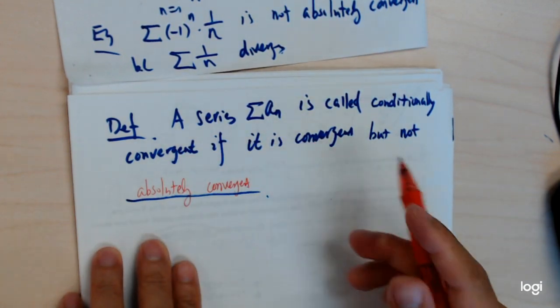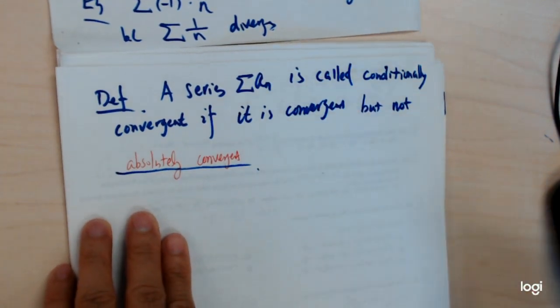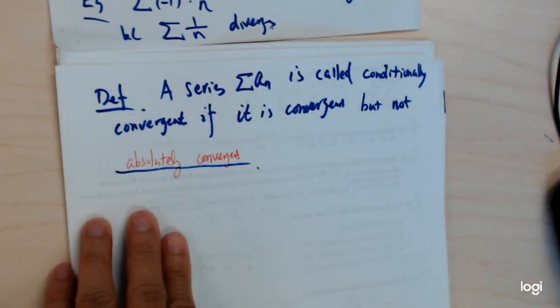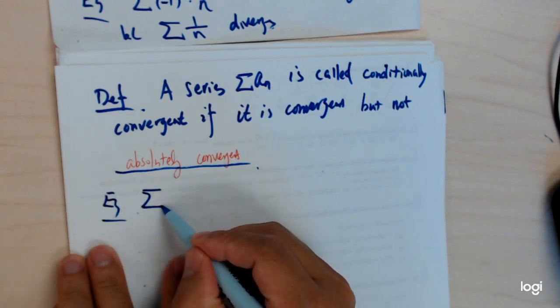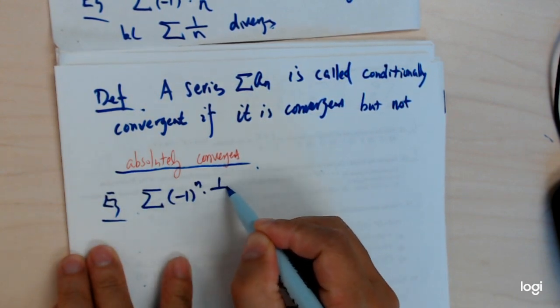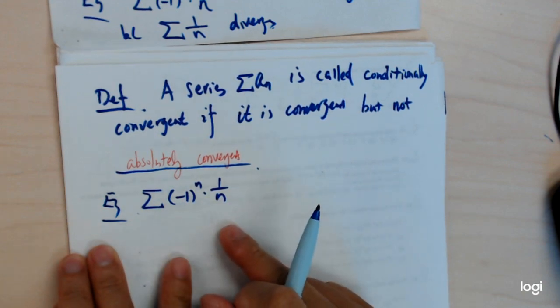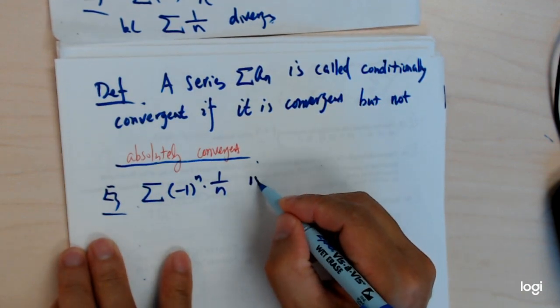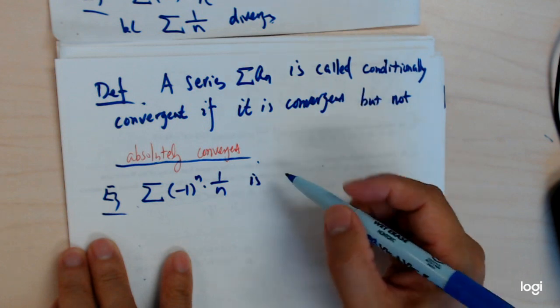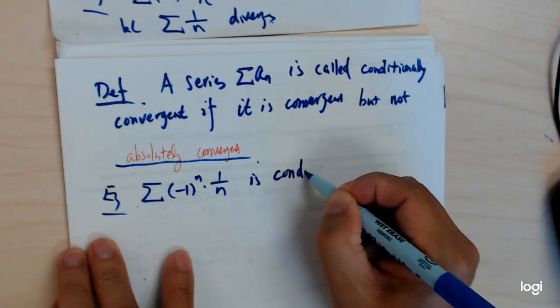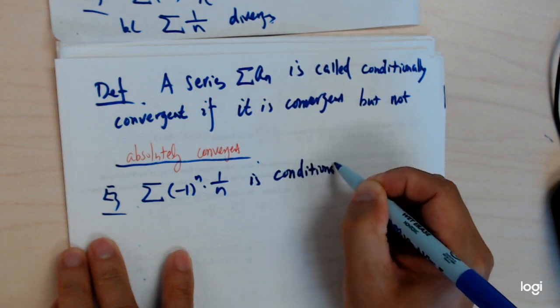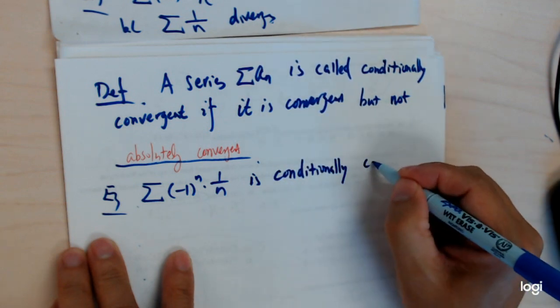That's what we call converges conditionally. So the earlier example that we presented, like this one right here, is conditionally convergent, or converges conditionally.